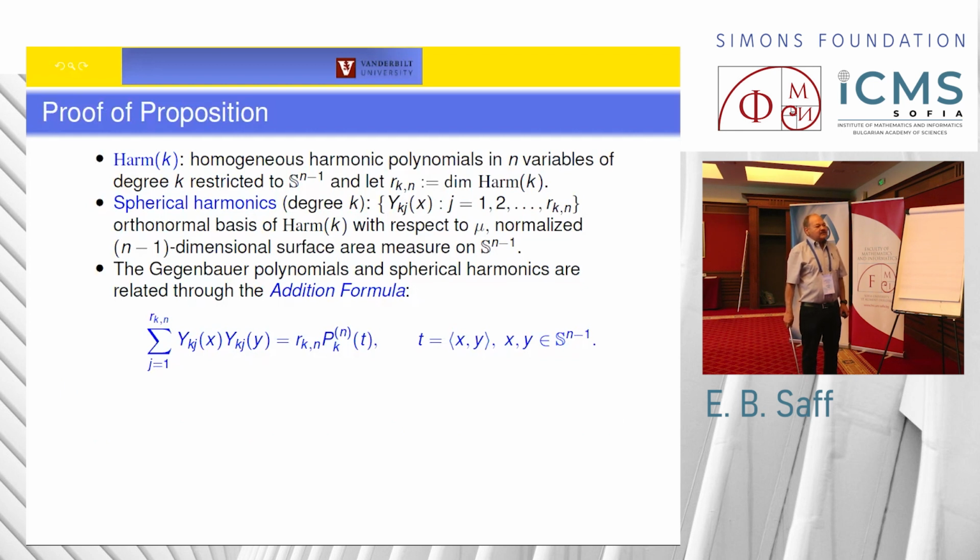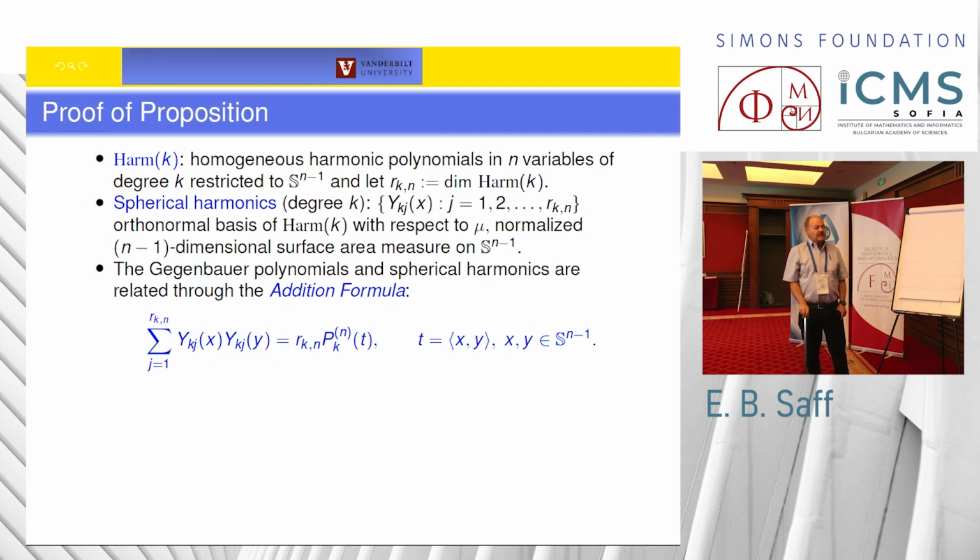I remind you of spherical harmonics. So this Harm_k represents all the homogeneous harmonic polynomials in n variables of degree k. And this R_k^n is the dimension of that. That's a vector space, and that's its dimension. And then we form a basis for this space of polynomials, and that's classically denoted with this Y_kj of x.